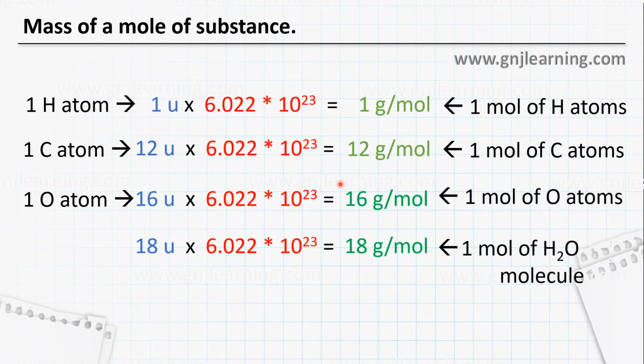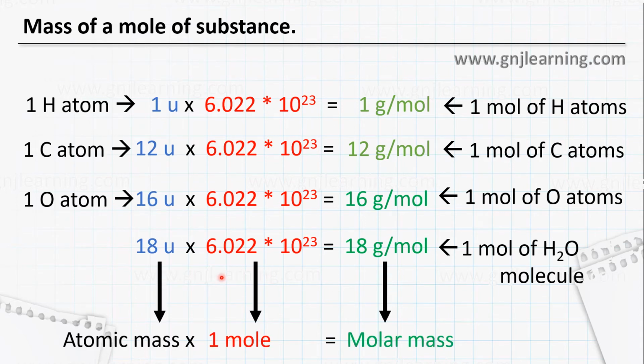Next, this is for the water molecule. Now if I multiply with a mole, I will get 1 mole of water molecules. So how can I generalize it? This is the atomic mass, or in this case the molecular mass.